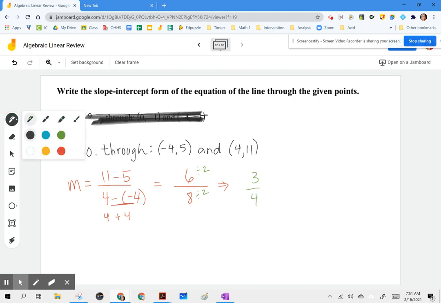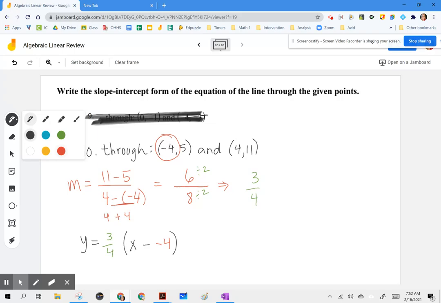So now what I'm going to do is plug it into point slope form, which says y equals your slope times x minus the x coordinate. So I'm going to use this x coordinate. Notice though I'm going to have to simplify that.